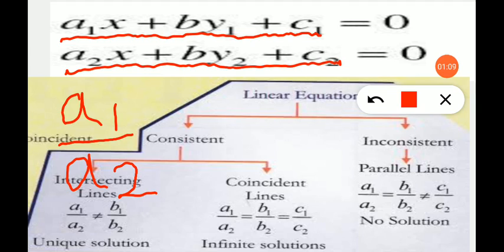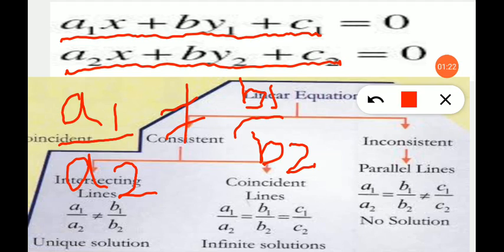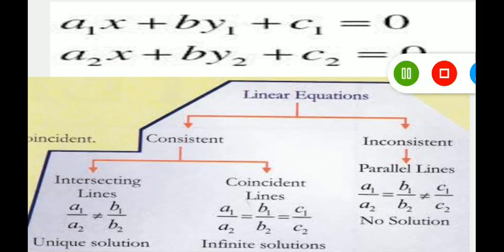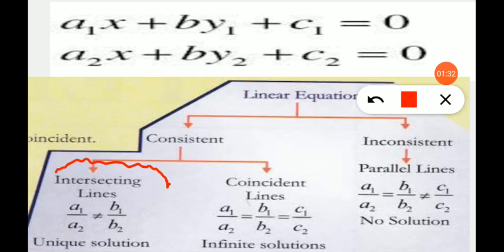Two cases will arise: either both are equal or they are not equal. Suppose they are not equal. If they are not equal, then the lines are intersecting, which means we have a unique solution for the given pair of linear equations.